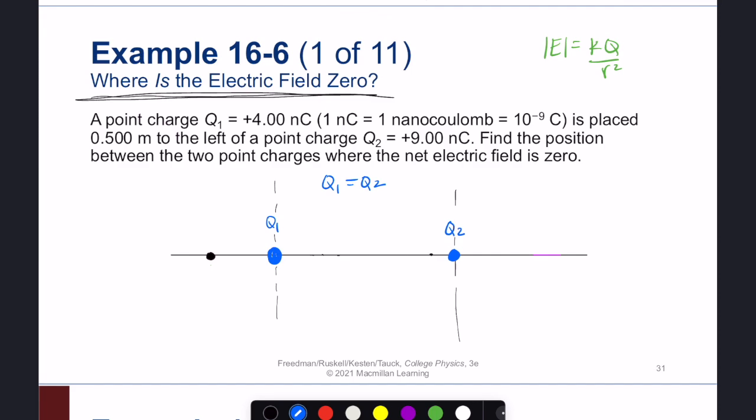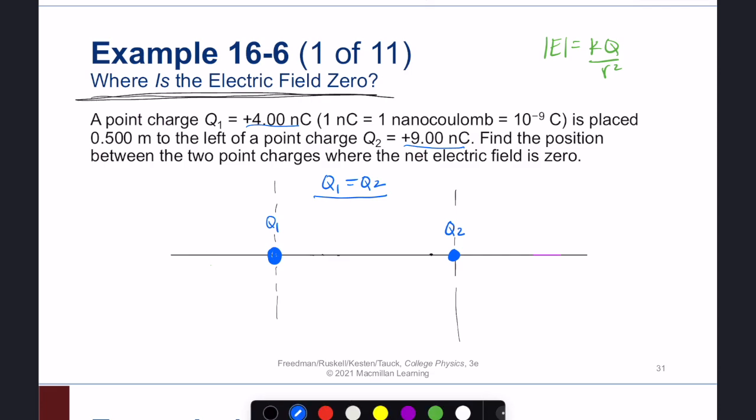We have a point charge Q1 that's placed 0.5 meters to the left of another point charge Q2. So we have two point charges separated by a distance of 0.5 meters. In the test version of this problem, instead of having Q1 and Q2 different values, I'm going to let them be equal just for simplicity. So, different from the problem as written here, we're going to let Q1 equal Q2.